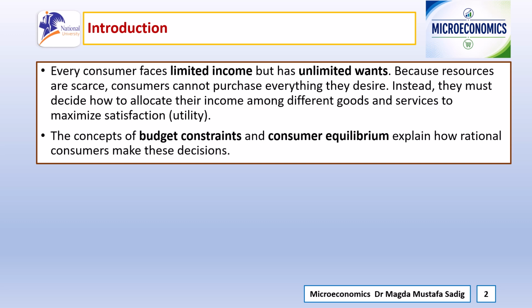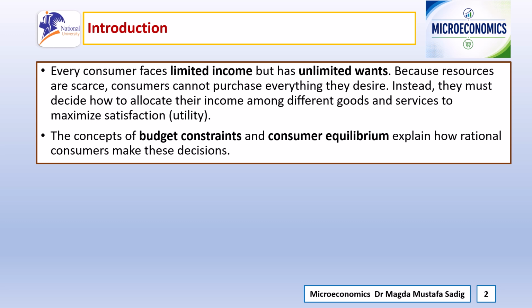By introduction, every consumer has unlimited wants but limited income, because income is scarce. We cannot buy everything we desire. Therefore, consumers must make choices. Economics assumes that consumers behave rationally.